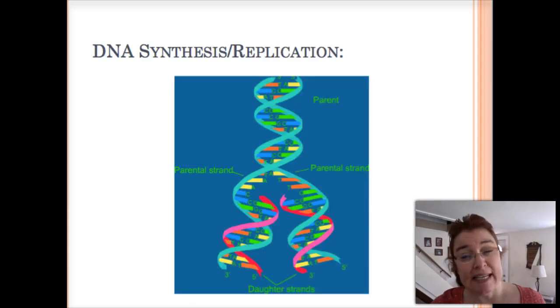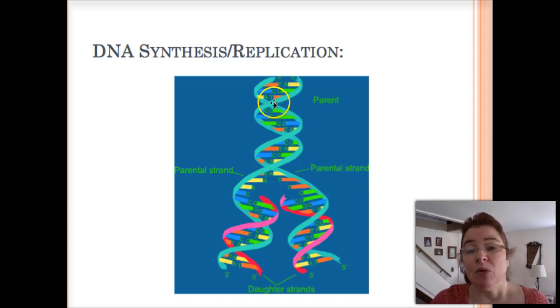So, during DNA synthesis, when the nuclear material gets copied, the DNA molecule acts as a template. And the way it does this is by unwinding the DNA double helix. In other words, the double helix in the parent cell will separate into two strands. And that's what you're seeing in this slide.